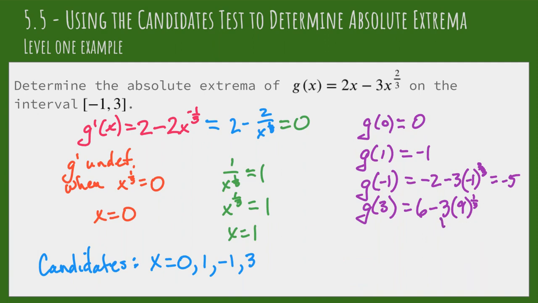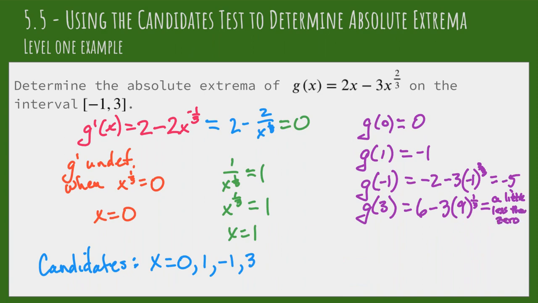So what that means is this is a little bit bigger than 6. And so we're going to have a number that is a little less than 0.